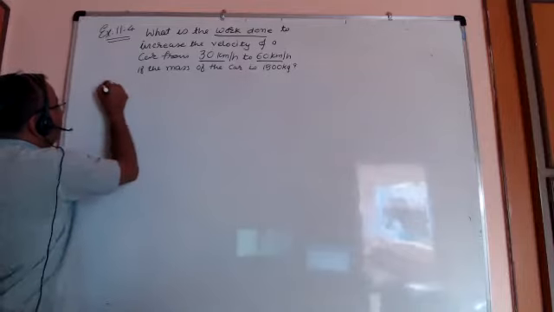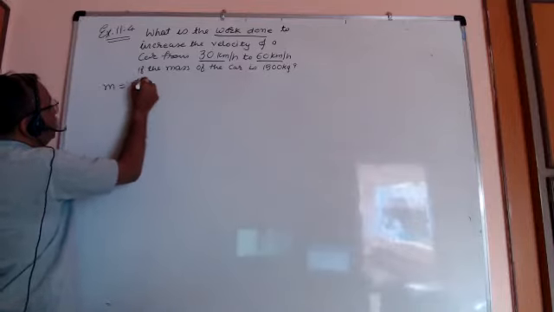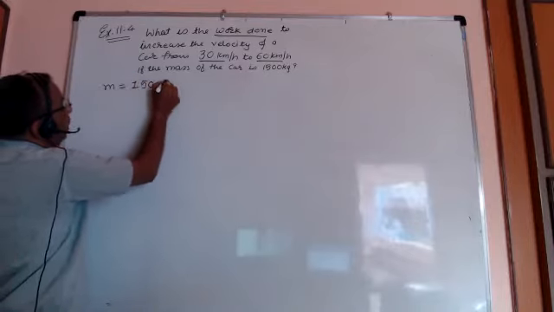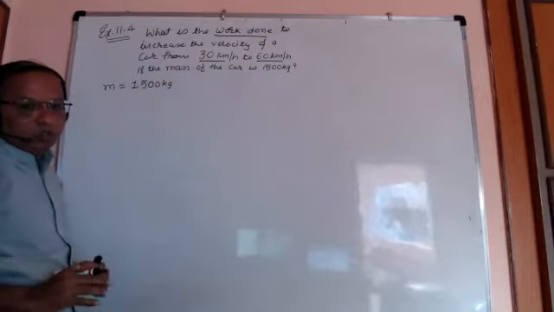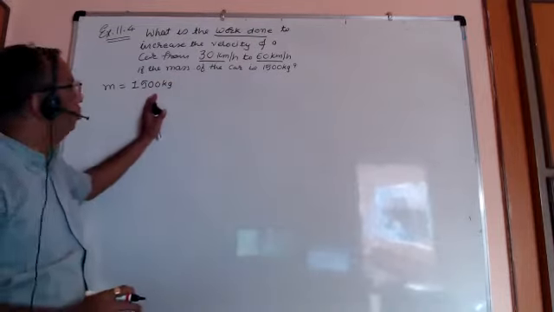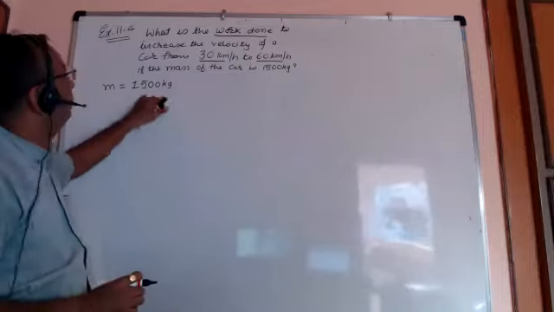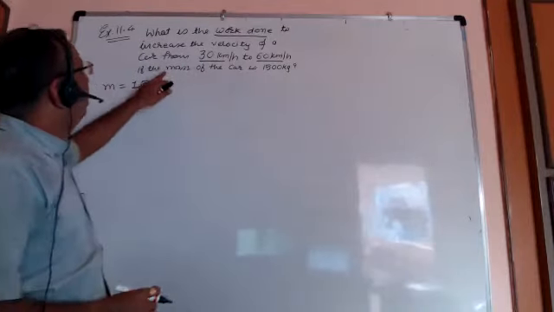First, the mass is given. The mass of the car is 1500 kg. There is nothing to change here because kg is already the SI unit, and two velocities are given.